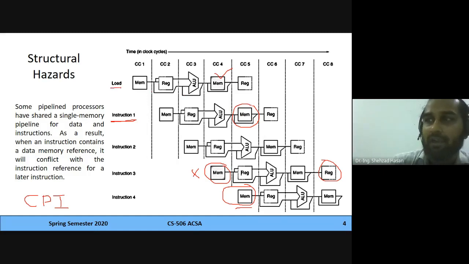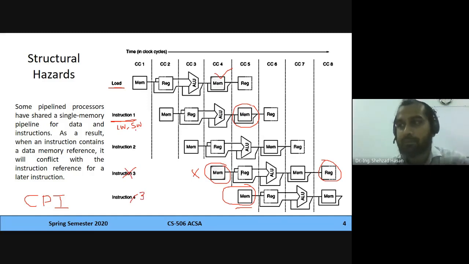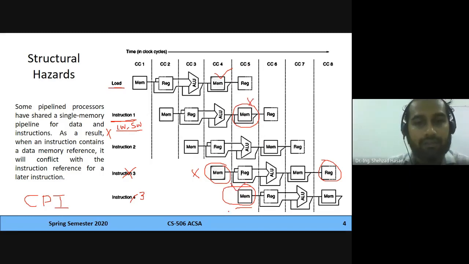That's why we had load as our first instruction, because we wanted to use this memory stage. If instruction 1 is anything other than load and store, then obviously you can start instruction 3 from cycle number 5, because this memory stage is not going to be utilized, and so you can fetch your instruction 3.